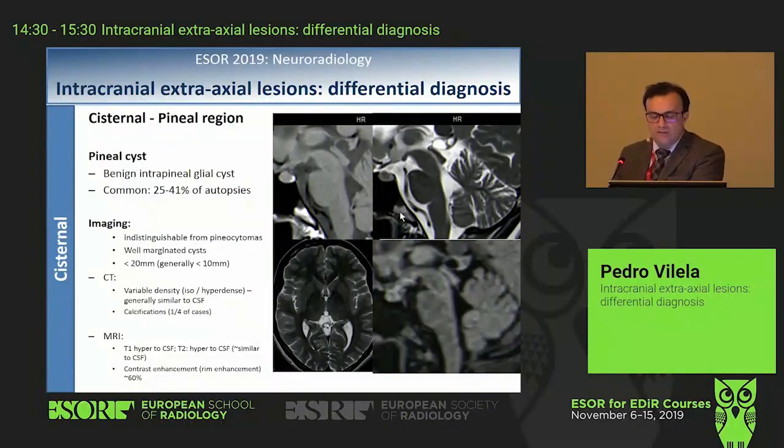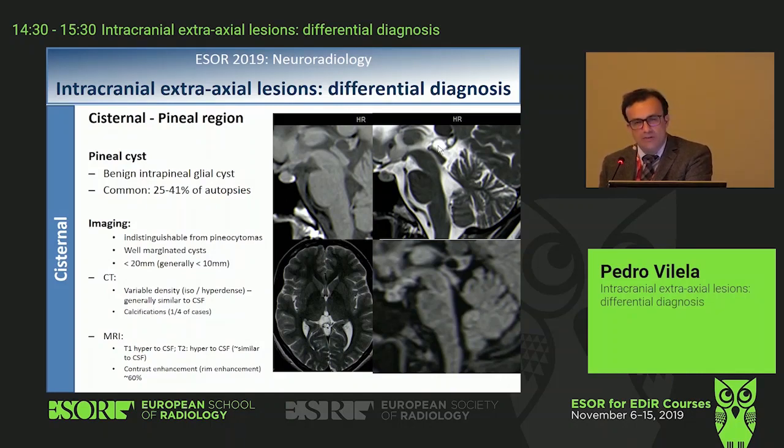Pineal cysts, we see this all the time, every day, so they are demarcated cystic lesions. They can have CSF signal intensity or a little bit higher on the FLAIR, meaning that they have some proteins inside. They generally are less than 1 centimeter.